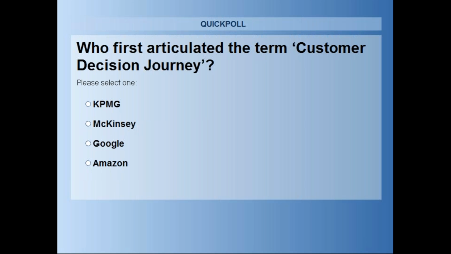All right, so they're coming in. Okay, so we've got almost 80% of people voting in, and the maximum votes, which is around 65%, goes to McKinsey, and that's correct.